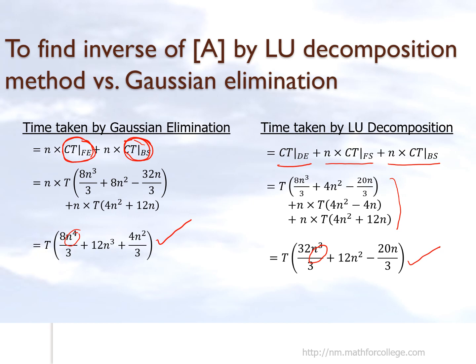The computation time taken by LU decomposition method is proportional to n cube as opposed to n to the power 4 for your Gaussian elimination method. And I'm hoping that by looking at these expressions for the time taken by Gaussian elimination and by LU decomposition method, you are able to see that there is a distinction between the amount of time it takes to find the inverse by these two different methods.